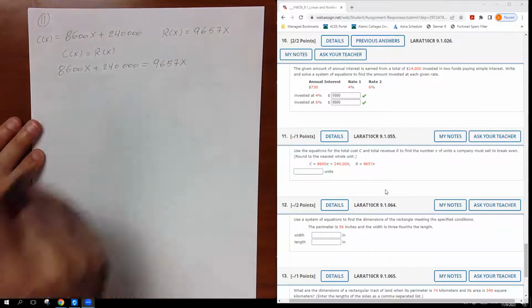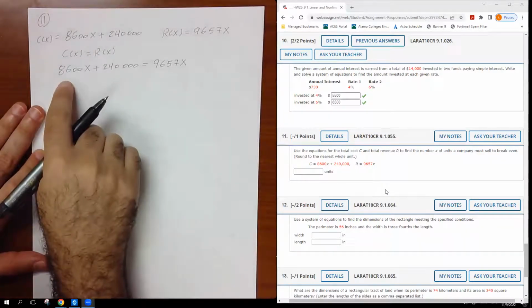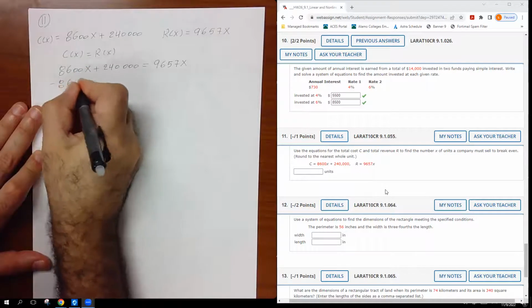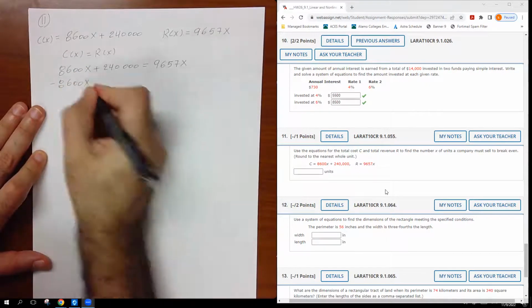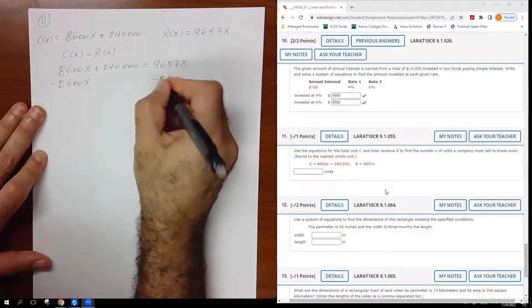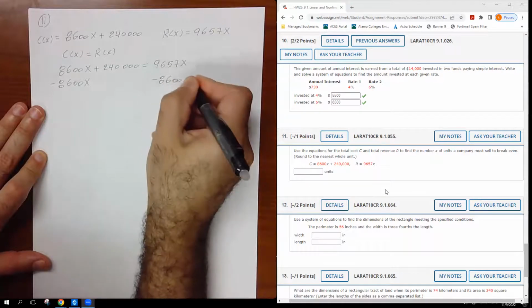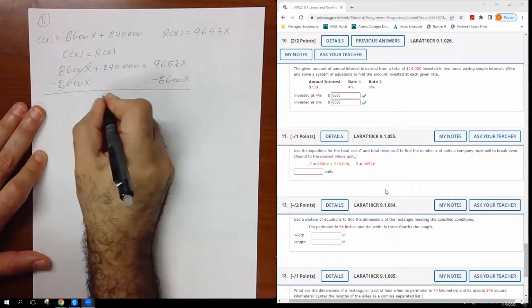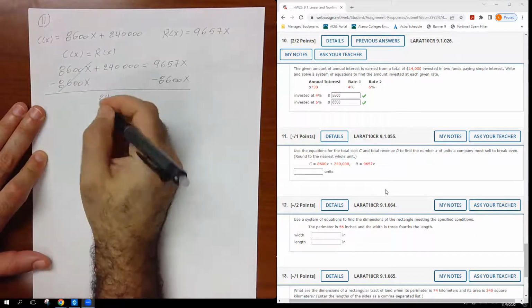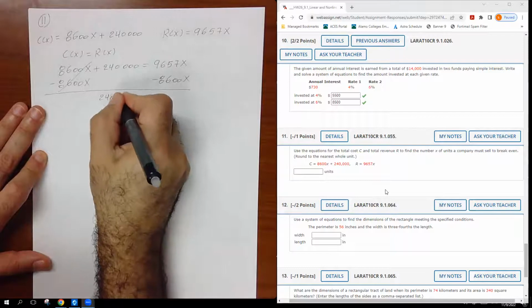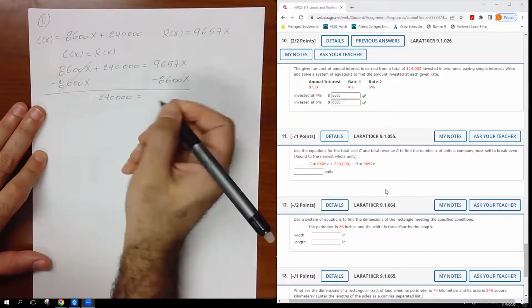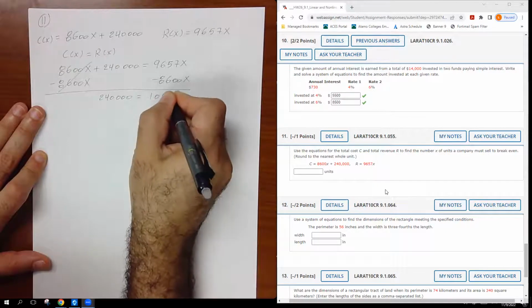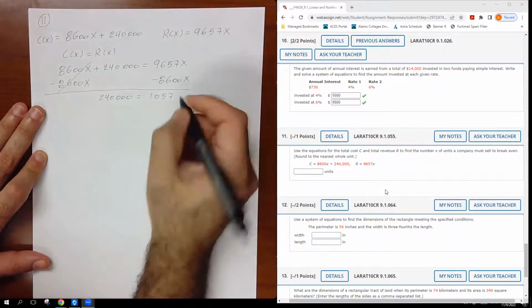So now I need to solve this one. I'm going to minus 8600x from both sides. This cancels. It's going to be 240000 equal 1057x.